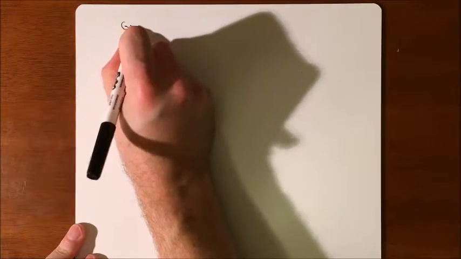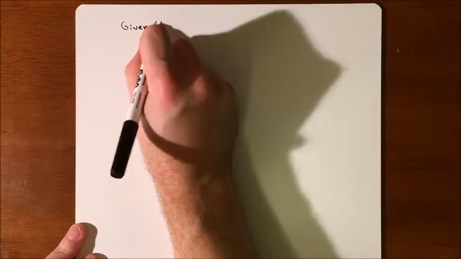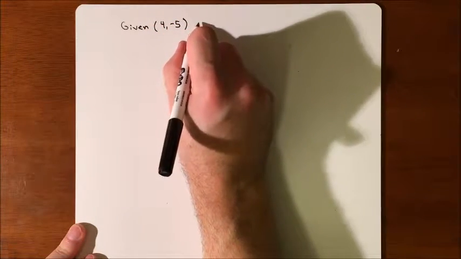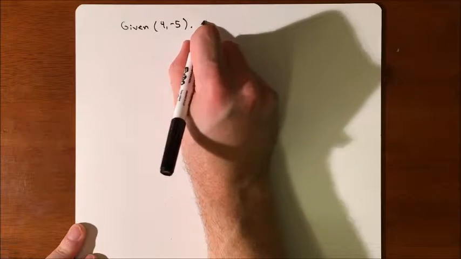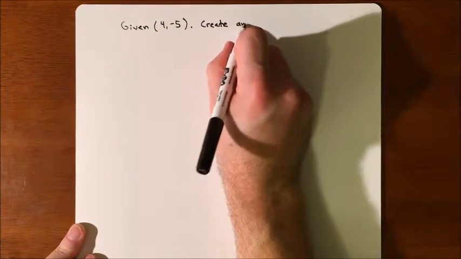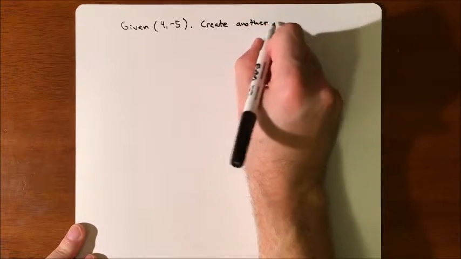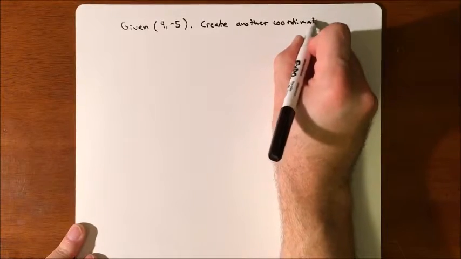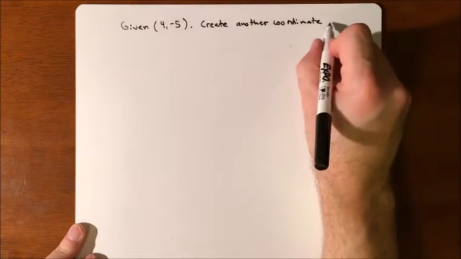All right, so we're going to be using the same point for both problems here. We're going to be given this coordinate of 4, negative 5, and we are going to create another coordinate, and that other coordinate is going to have specific slopes.